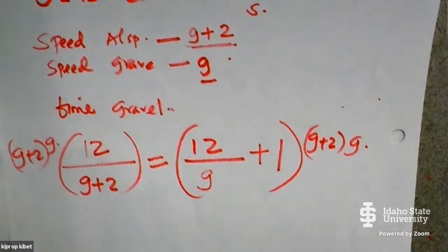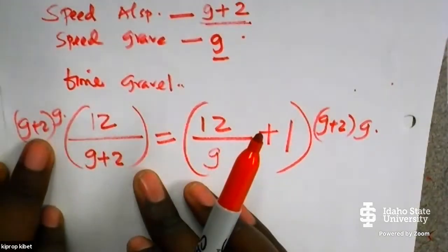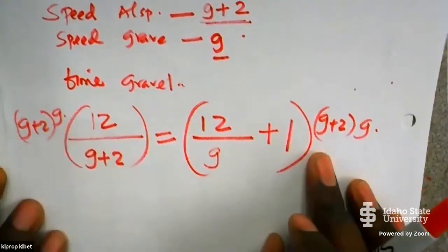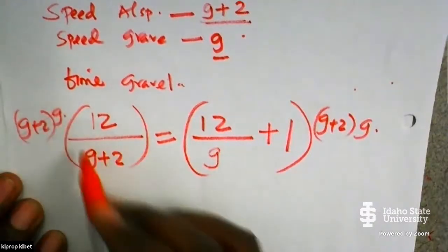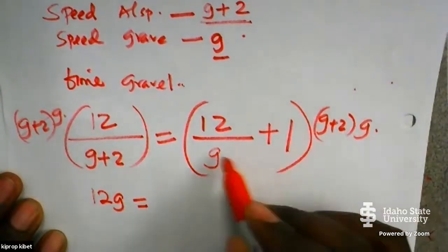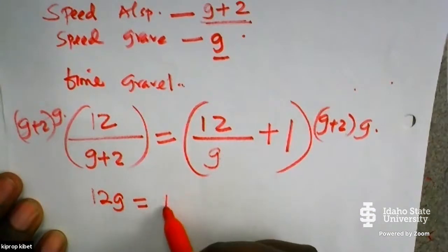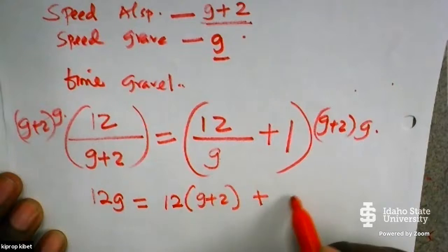Okay, so let's get the value of G. You multiply everywhere by G plus 2 multiplied by G. So this will cancel with G plus 2, right? You remain with G times 12, so it will be 12G, equals this, and this will be 12 times G plus 2, plus what?